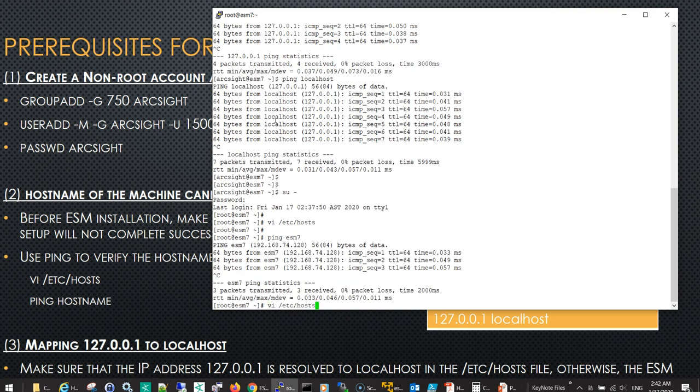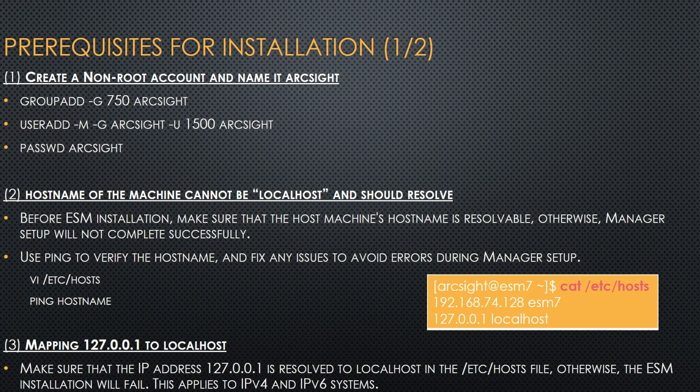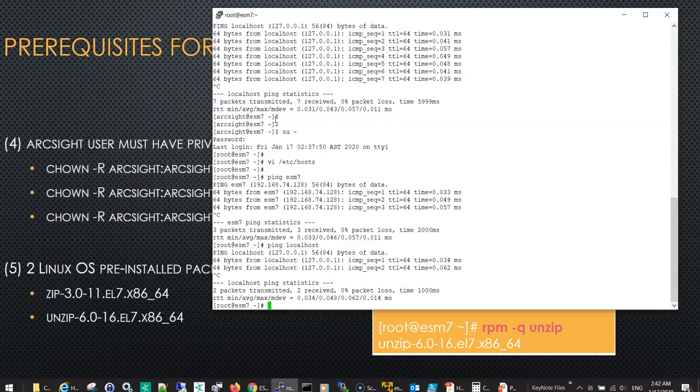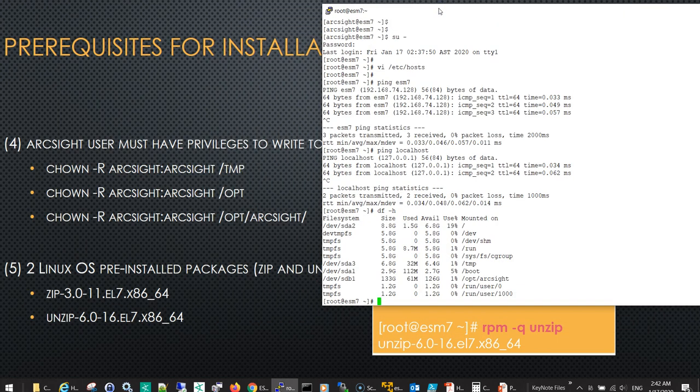And as we saw before, the pinging for the localhost is already mapped correctly to 127.0.0.1. So we are okay with this one. Here we need to change the ownership of the temp folder. So let's first check the layout. You can see here the temp directory. We can see here the root directory with almost 9 GB.